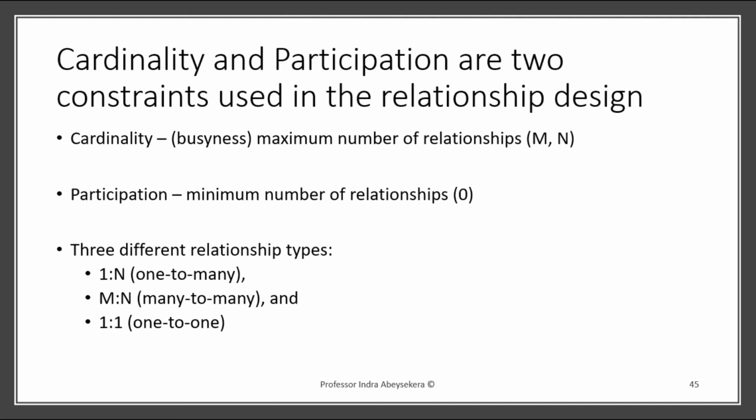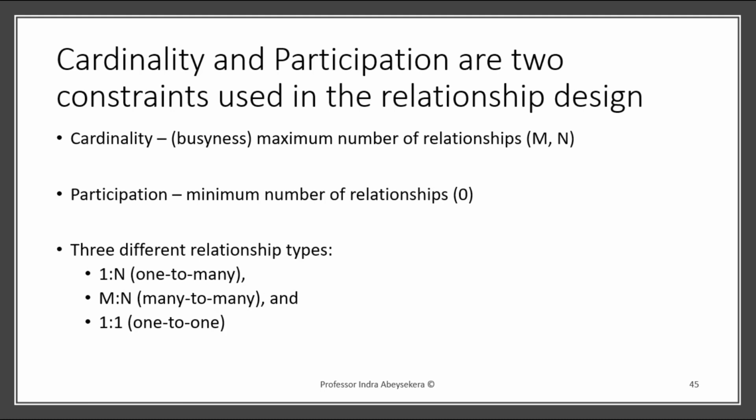So if you look at relationship building in REA, if you take an example, the clerk is the agent that raises the purchase order, which is an event. The purchase order, which is an event, is sent to a vendor who is an agent.